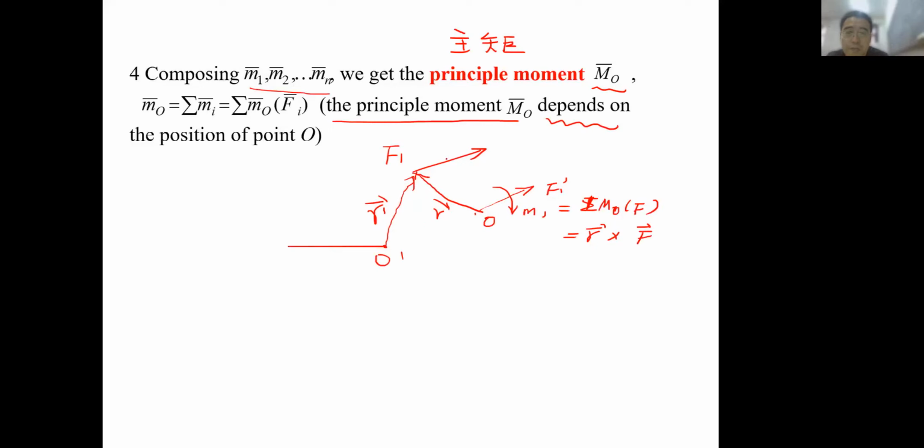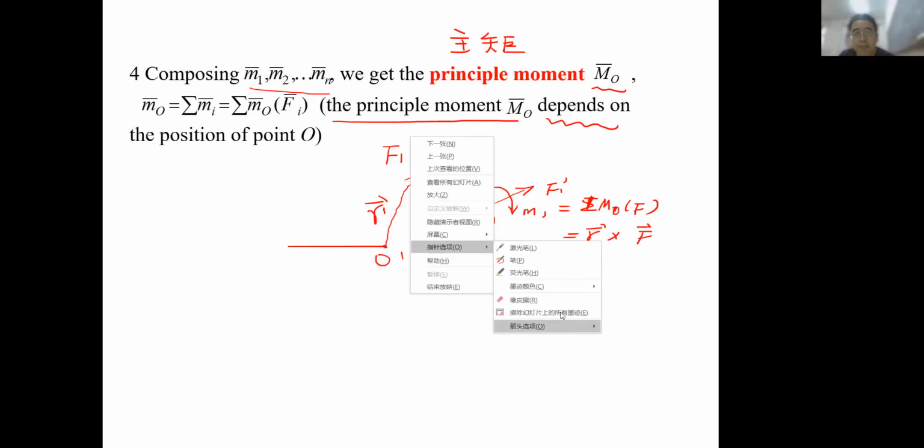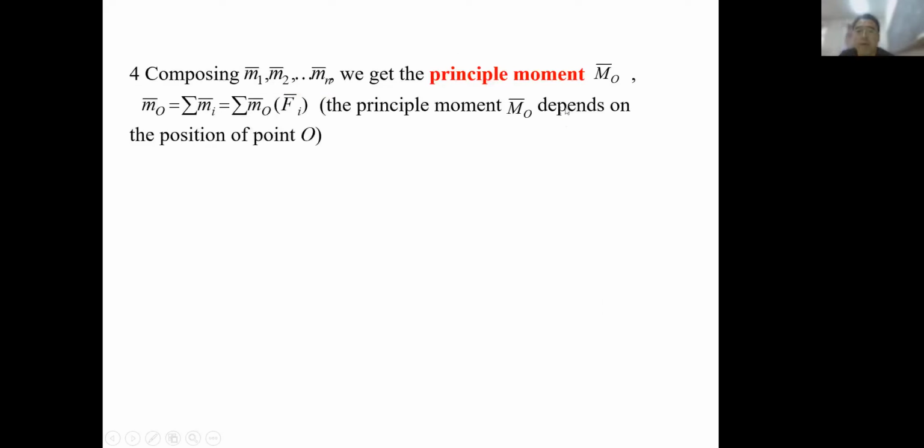So when we move this F1 from here to here, the couple we add here will have a different direction and different magnitude. So it's very easy to understand. That's why the final principal moment MO depends on the position of point O.